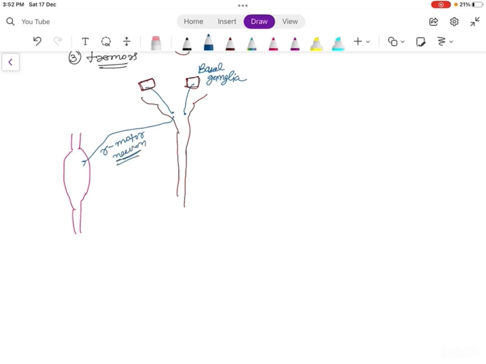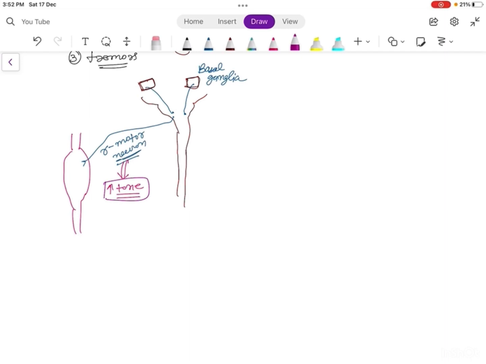The role of gamma motor neuron is that they increase the tone of the muscle, right? They constantly keep on firing and maintain our tone at some higher level. Their main role is to increase the tone of the muscle.